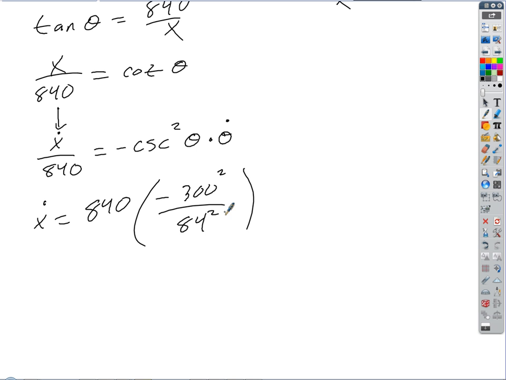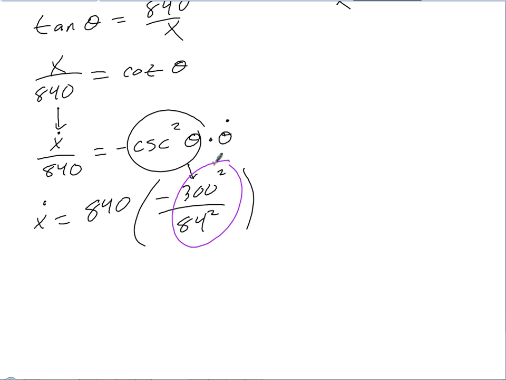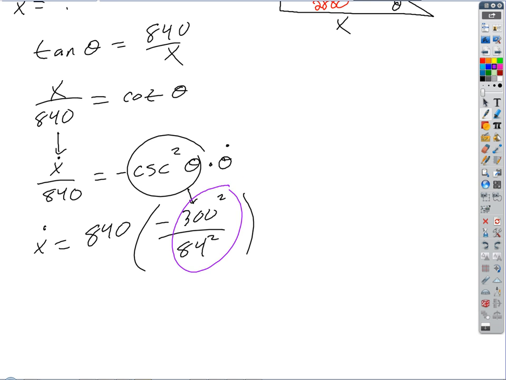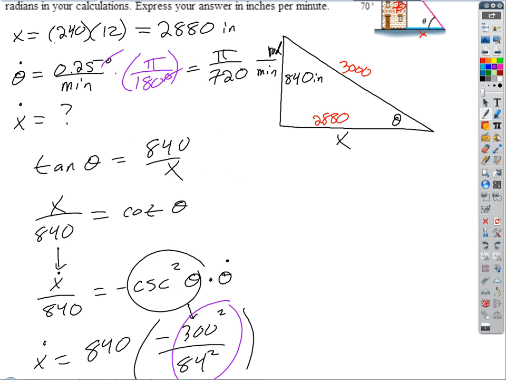That's what this is, right? That's this ratio. Cosecant squared is that ratio right there, right? Wait, because cosecant is sine, and if you flip the sine, it's cosecant is hypotenuse over opposite, right? Okay, agreed? Yep.